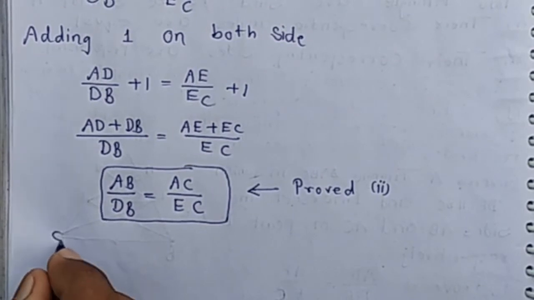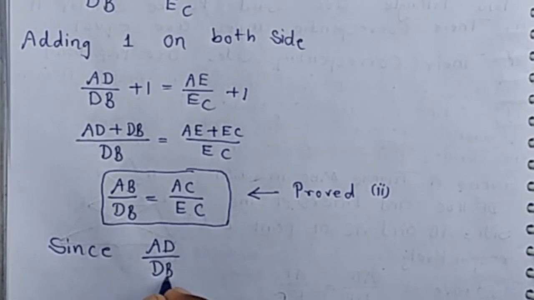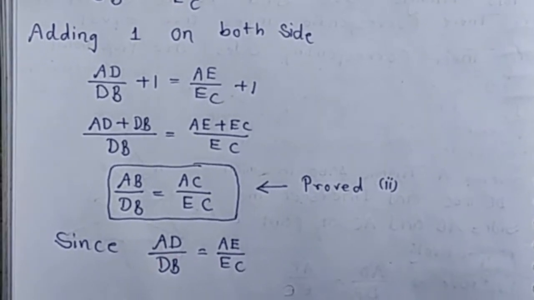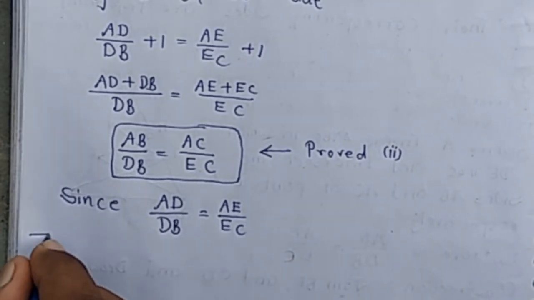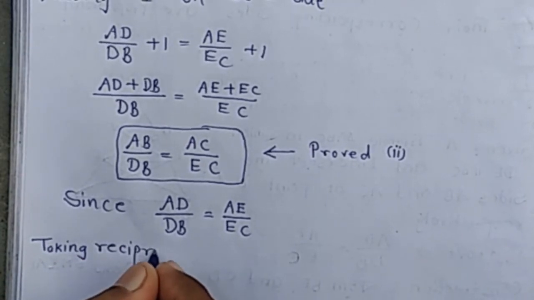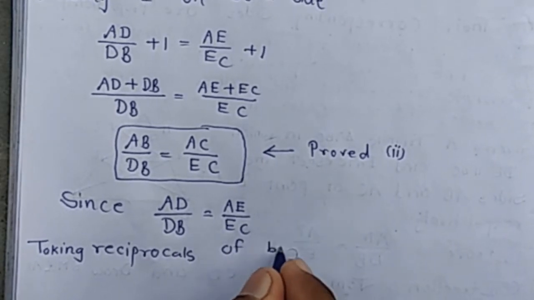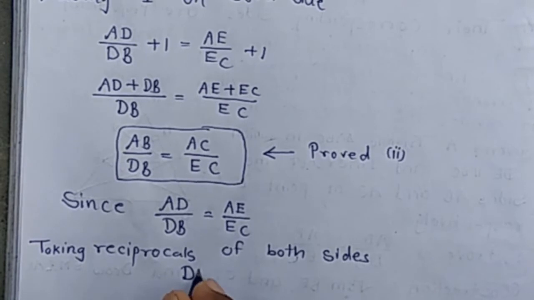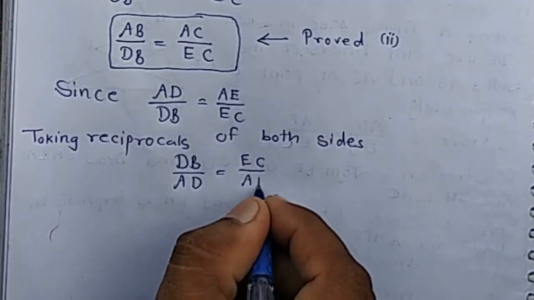Since we have AD by DB is equal to AE by EC, now taking the reciprocal of these two terms, we have DB by AD is equal to EC by AE.